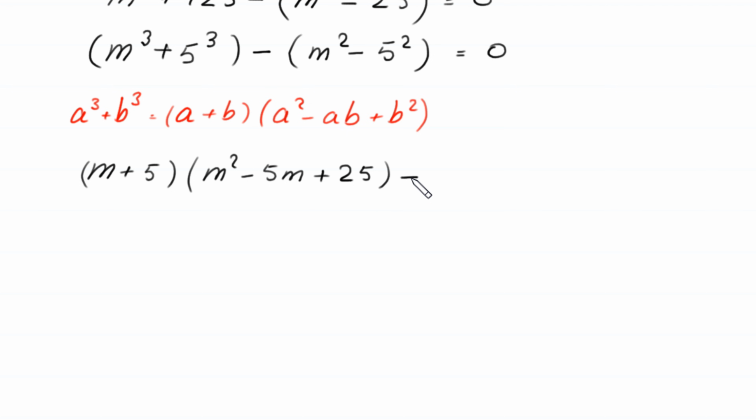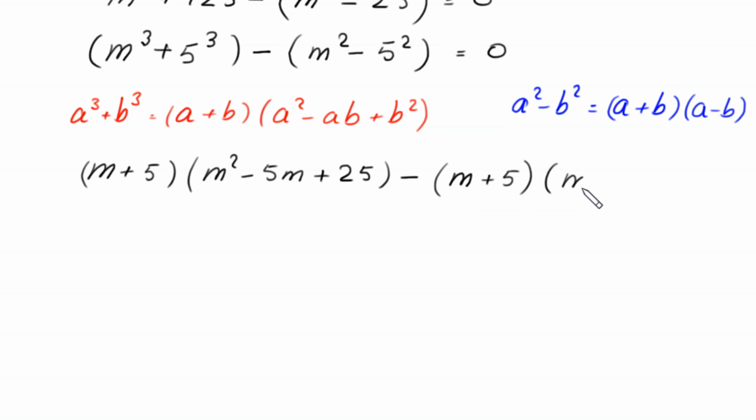Minus, by using the identity a squared minus b squared is equal to (a plus b) times (a minus b), this m squared minus 5 squared will become (m plus 5) times (m minus 5), is equal to 0.